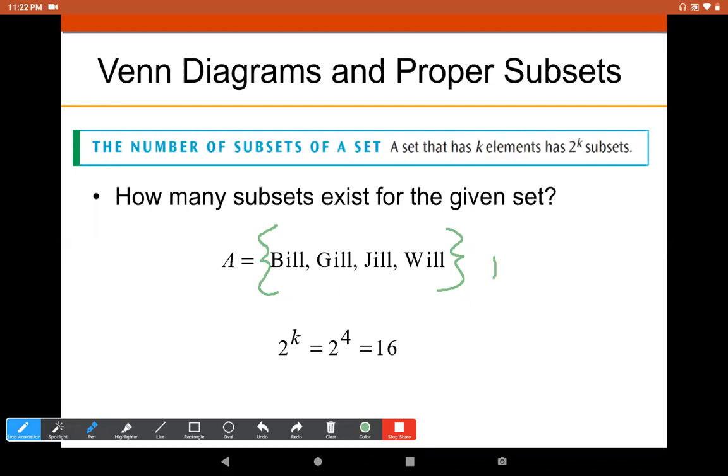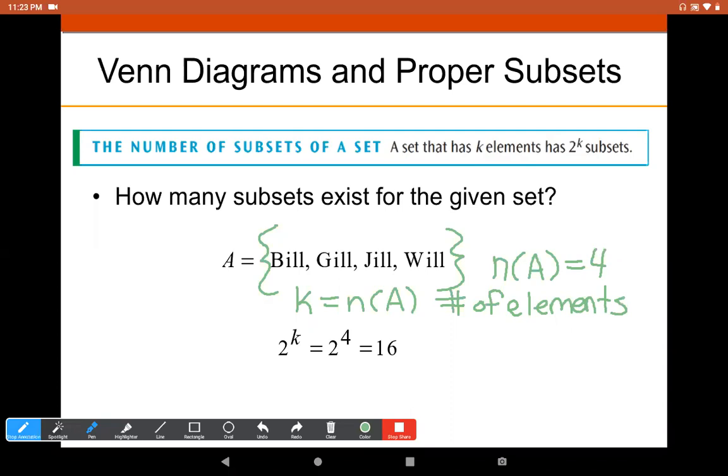There are 4 elements in this set. K is the number of elements in a set. Two to the K is 2 raised to the power of the number of elements in the set. Here, 2 to the power 4, or 16 subsets.